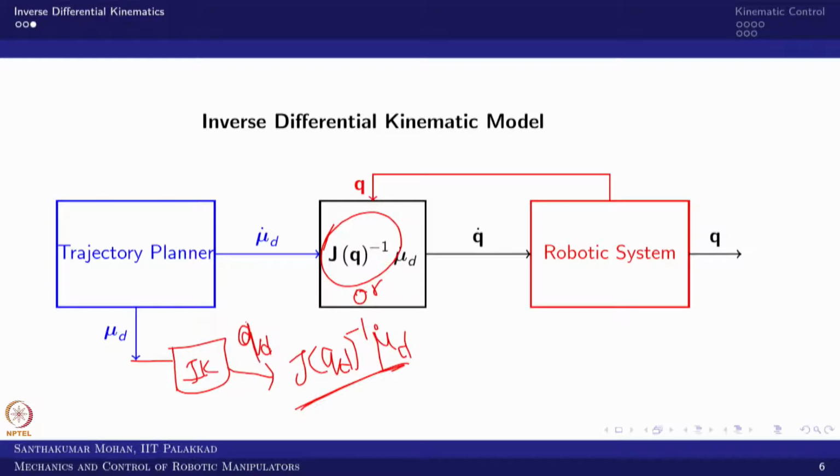So that is what we are supposed to take as feedback, but more commonly the robotics community takes Q and then corrects the J. Either way we can do it. The state inverse differential kinematics means this, but you can use it either way around. I have used this one more commonly, which was used in the book, so that's what I have written here.